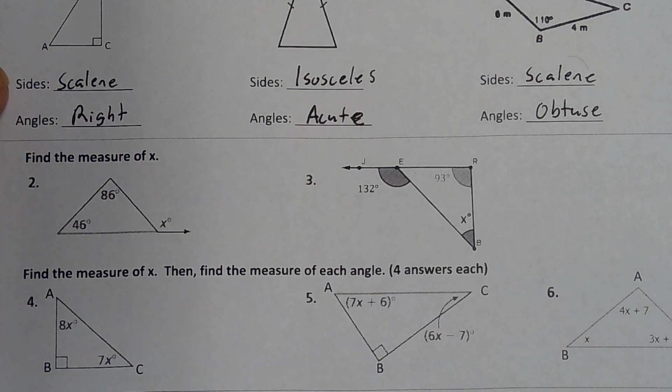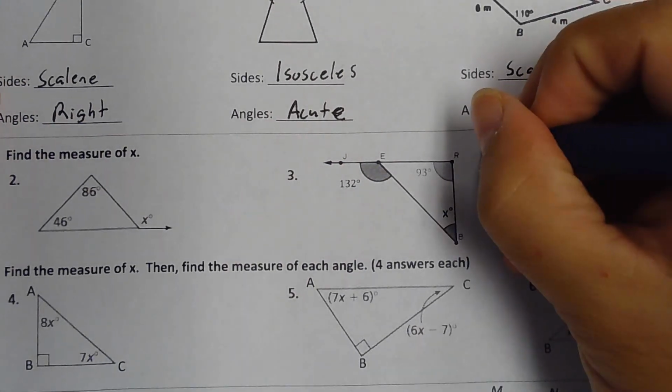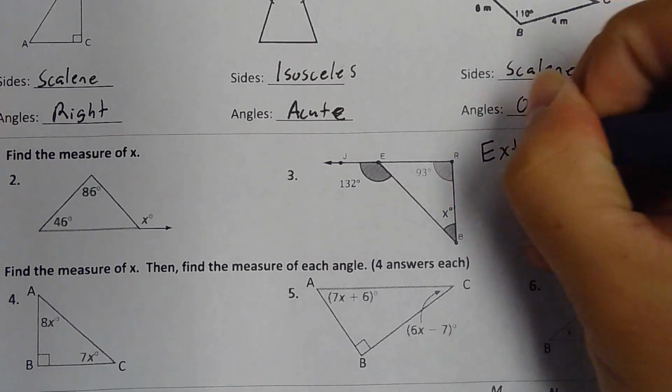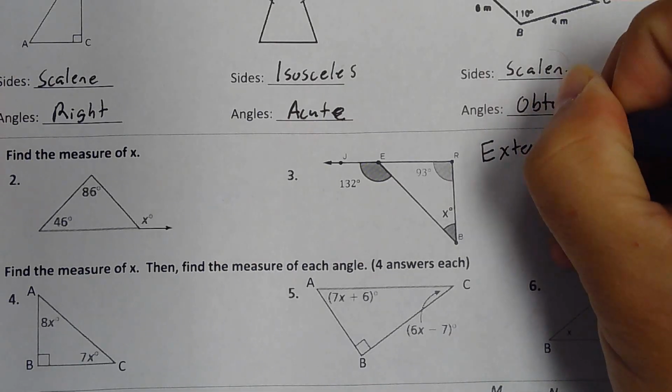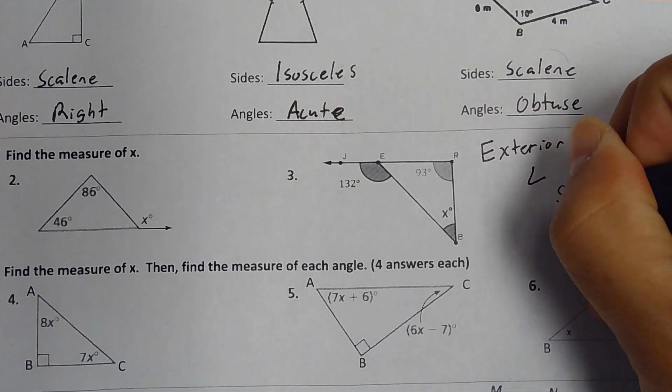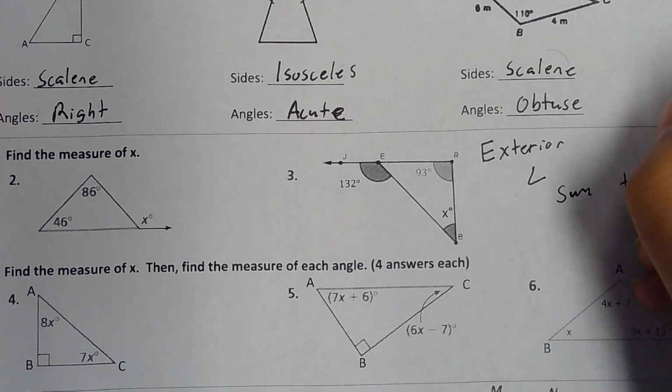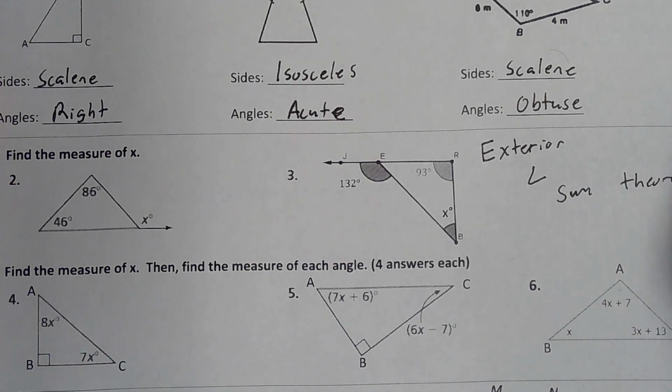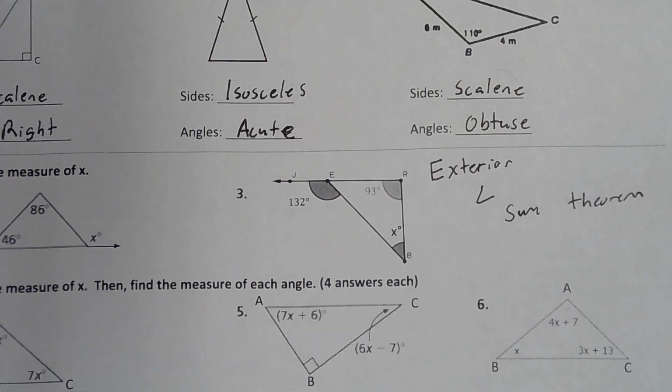What was I saying? Oh, for this one, you need to use the exterior angle sum theorem. So what is my exterior angle? The thing on the outside, right?